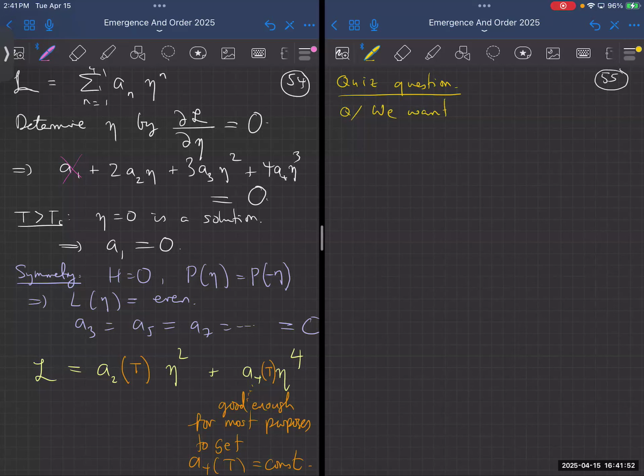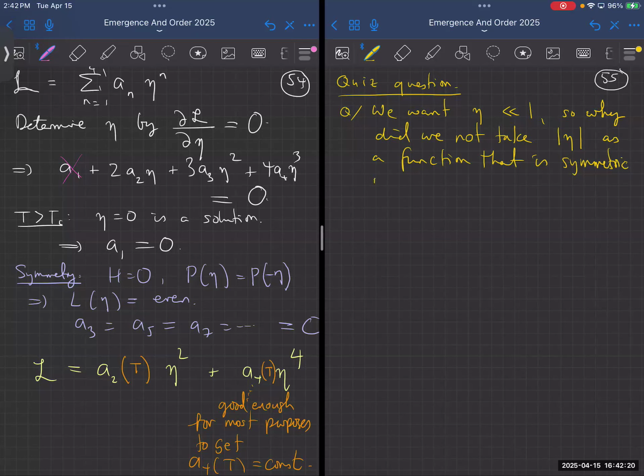We want eta to be much smaller than 1. So why did we not take a function that is symmetric under eta going to minus eta?